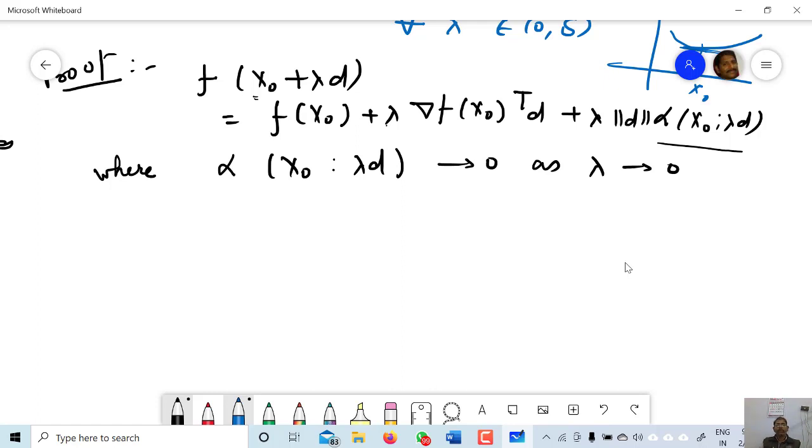When lambda will be 0, then lambda d will be 0, and the function will depend on only x0 and it will be tending to 0 also.